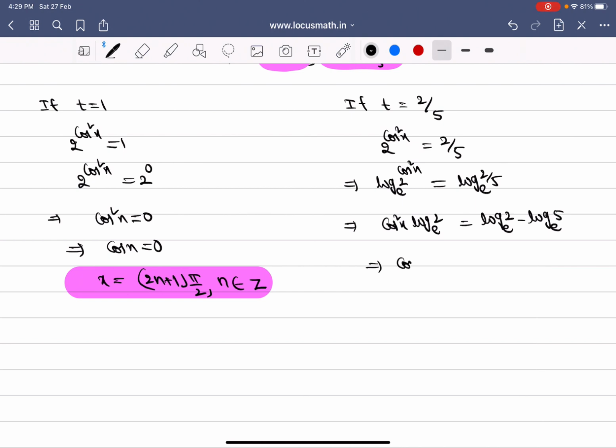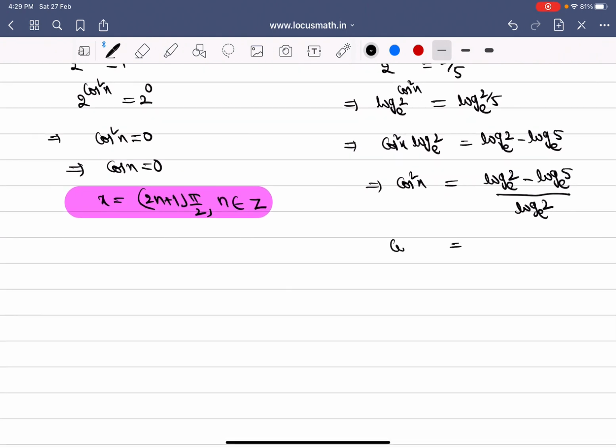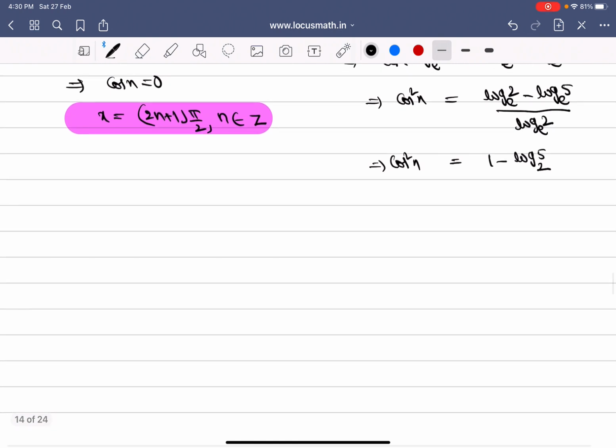That implies cos square x is equal to log base e 2 minus log base e 5 over log base e 2, which is equal to 1 minus log 5 base 2.